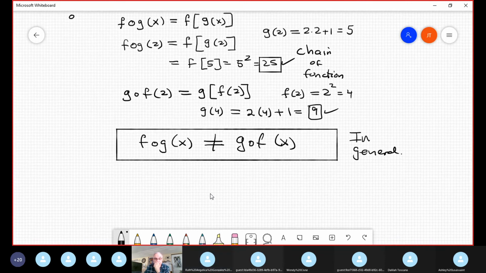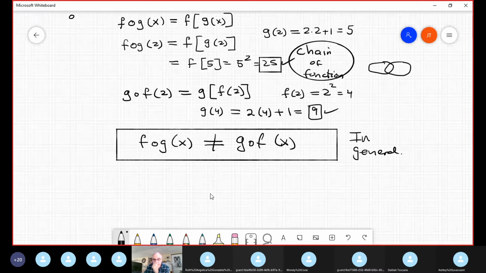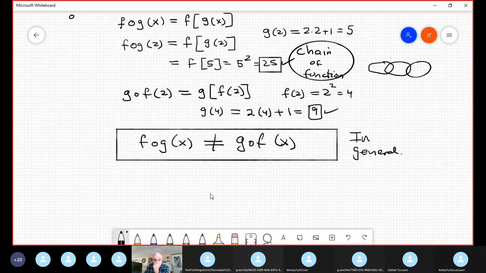Let me try to explain in another way, more graphically, more clear. The composition is a chain of functions, and the chain can have different steps. But in this case, we have only two, because I can interpret a function like a black box.